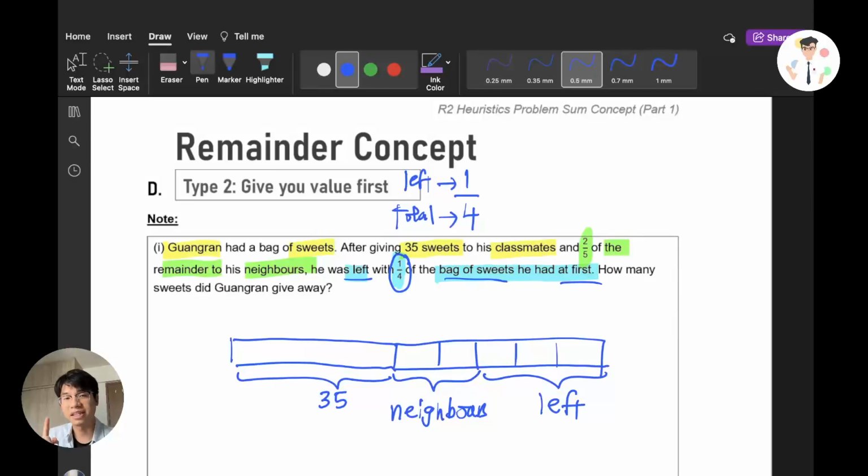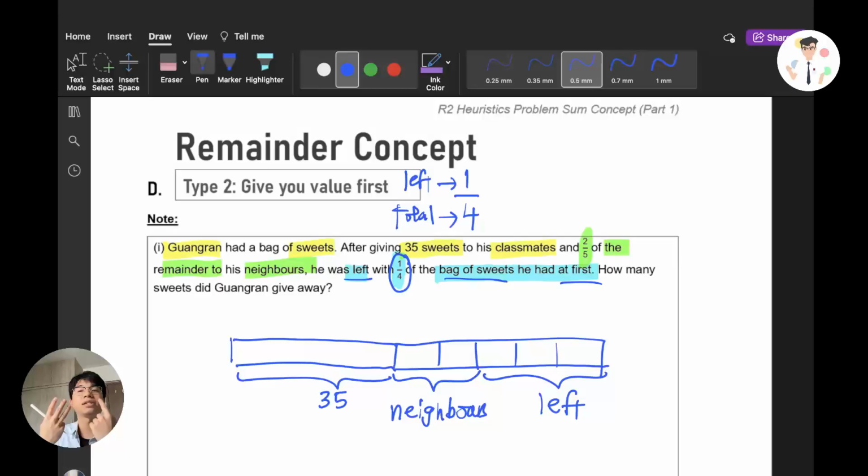Now, the key thing here again, I know that my leftover here is 1 unit, but what I have left over here at the bottom is 3 units. One says 1 unit, one says 3 units. The first thing to ask: is this referring to the same thing? Yes, they are referring to the same thing. So it means that these two are supposed to be the same, but they are not the same.